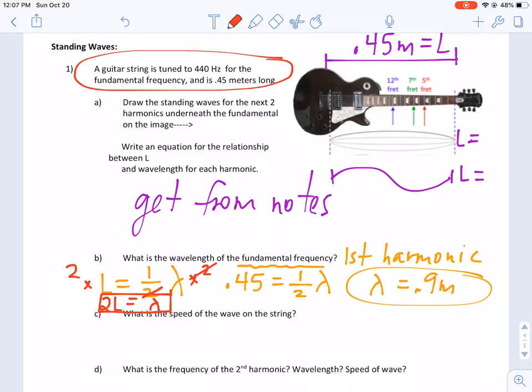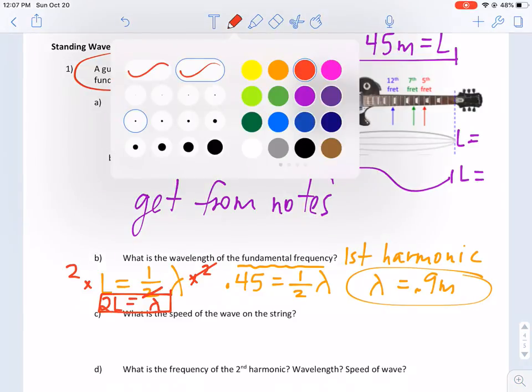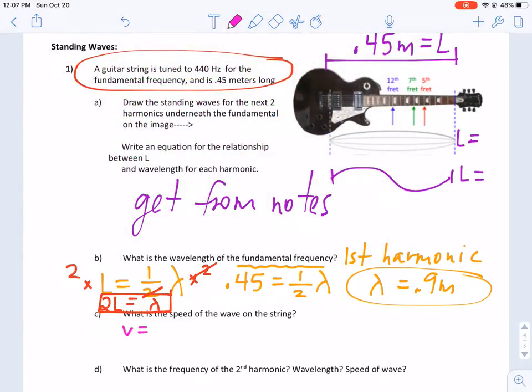What is the speed of the wave on the string? Well, velocity is frequency times wavelength, number one equation of our unit. We want to solve for velocity. We know the wavelength is what we just solved for. And it tells me that this guitar string has been tuned to a frequency of 440 hertz.